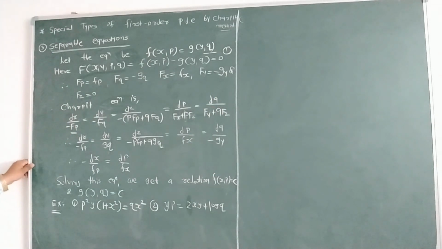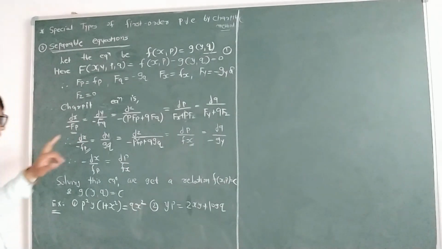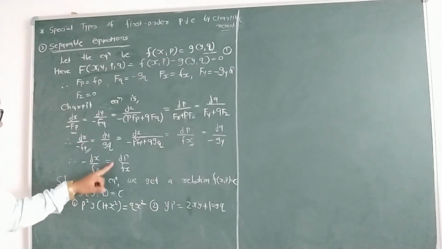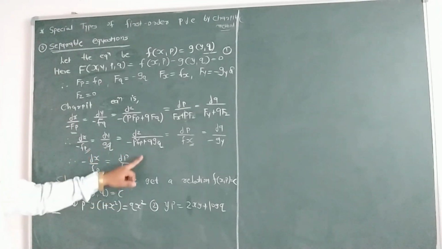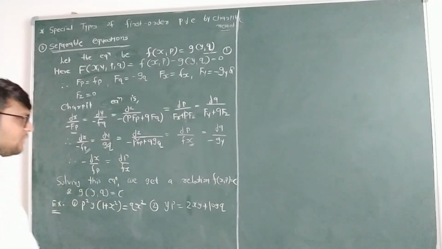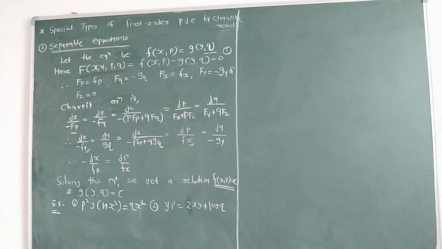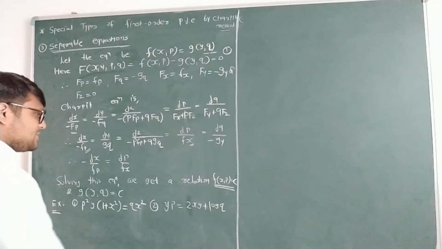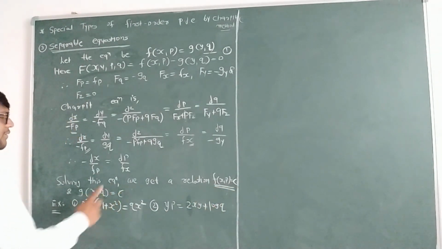Now here I am comparing the first and fourth fractions. So dx by minus fp is equal to dp by fx. So solving this equation, we get this relation of the form f of x, p is equal to c, and again this equation fp equals c and g of y, q is equal to c.